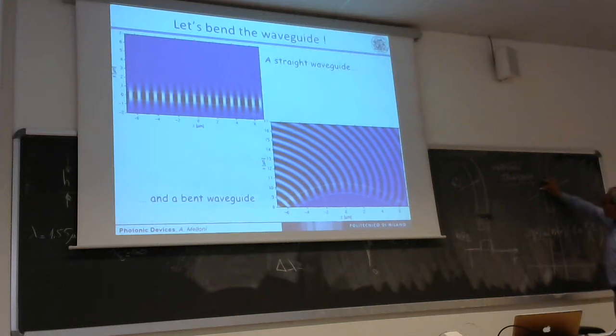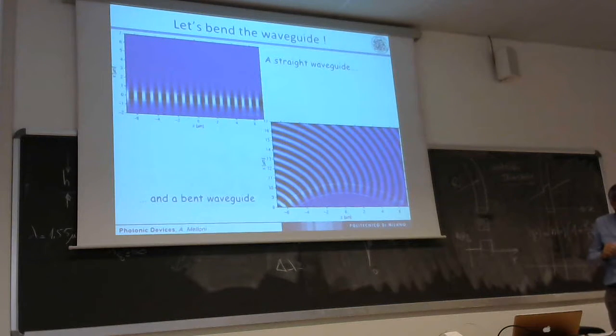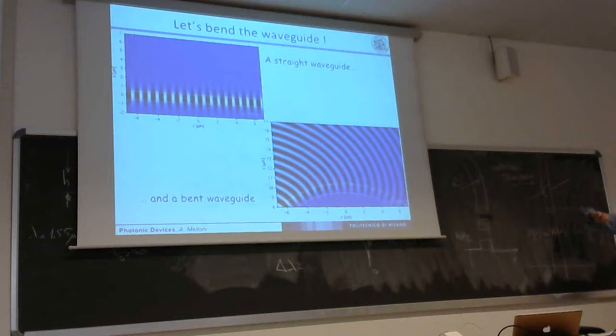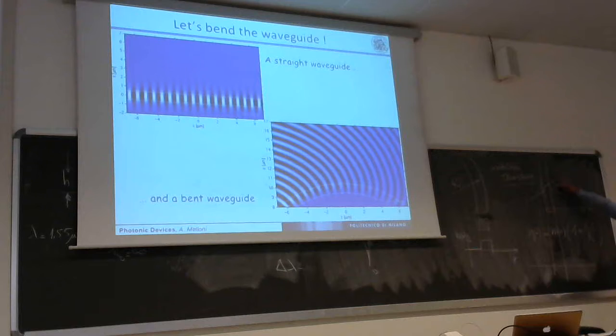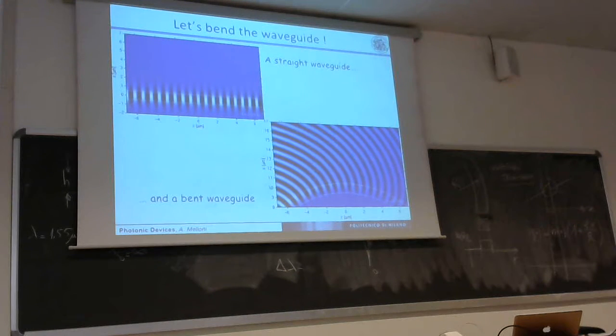So the mode is around the core, around here. However, you see that on one side the refractive index is lower, and on the other we have a tighter confinement of the light. So the mode is, let's say, like this. It's more confined on this part. On this other part, you find a lower index contrast, so the light tends to penetrate more. The gamma of the exponential is smaller.